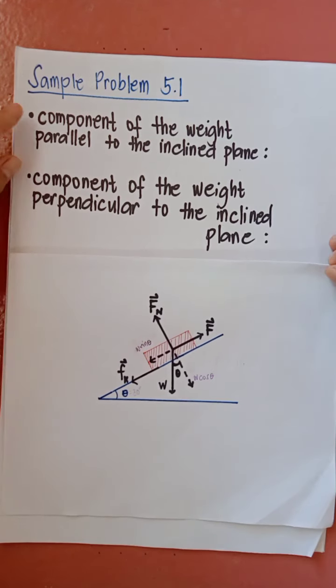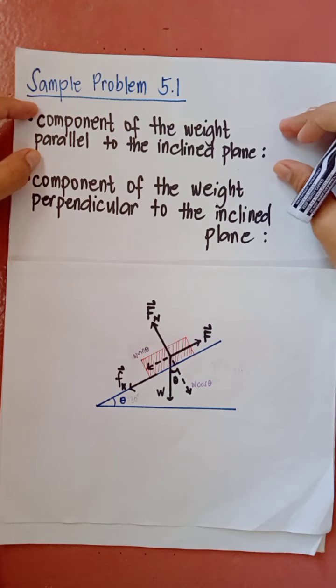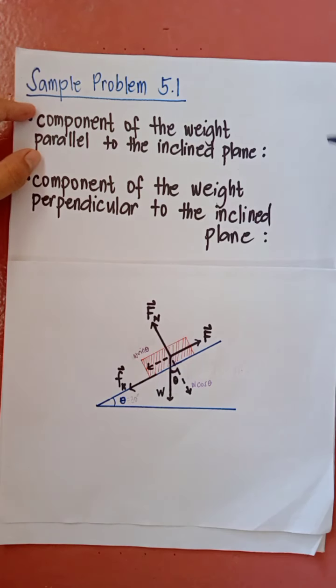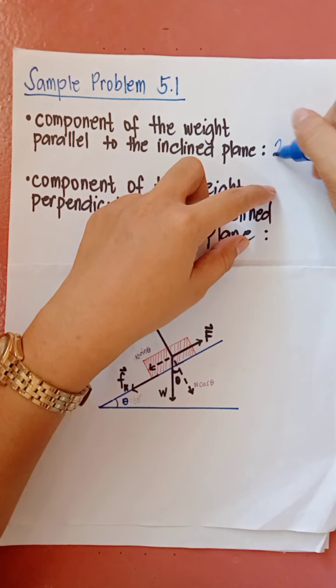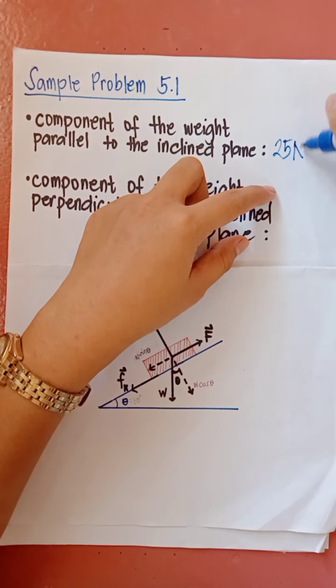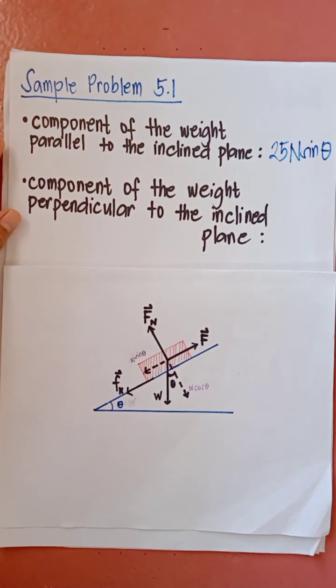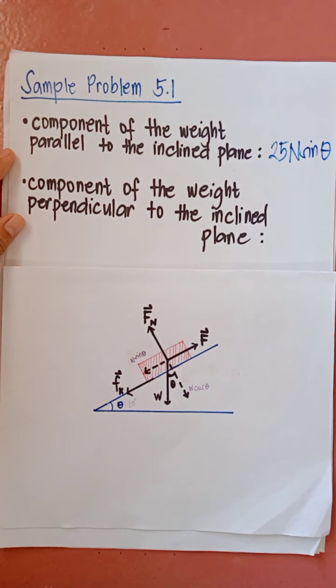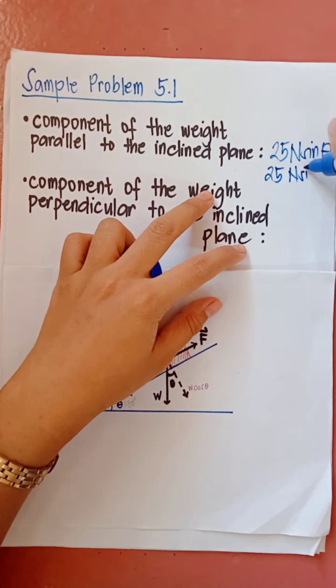Okay, so with that, for the component of the weight parallel to the inclined plane, we have W sine theta. Weight is 25 newtons, sine theta is 30 degrees.